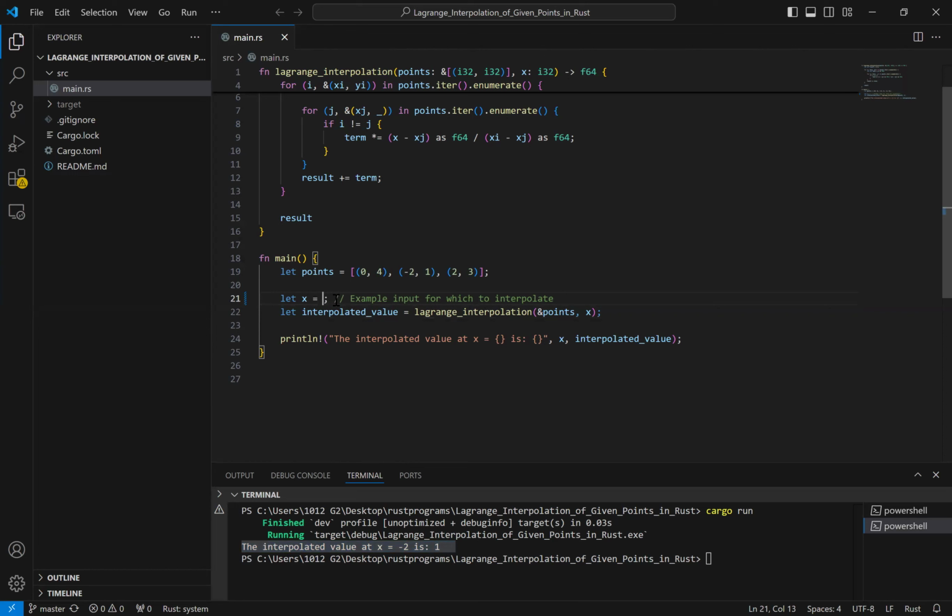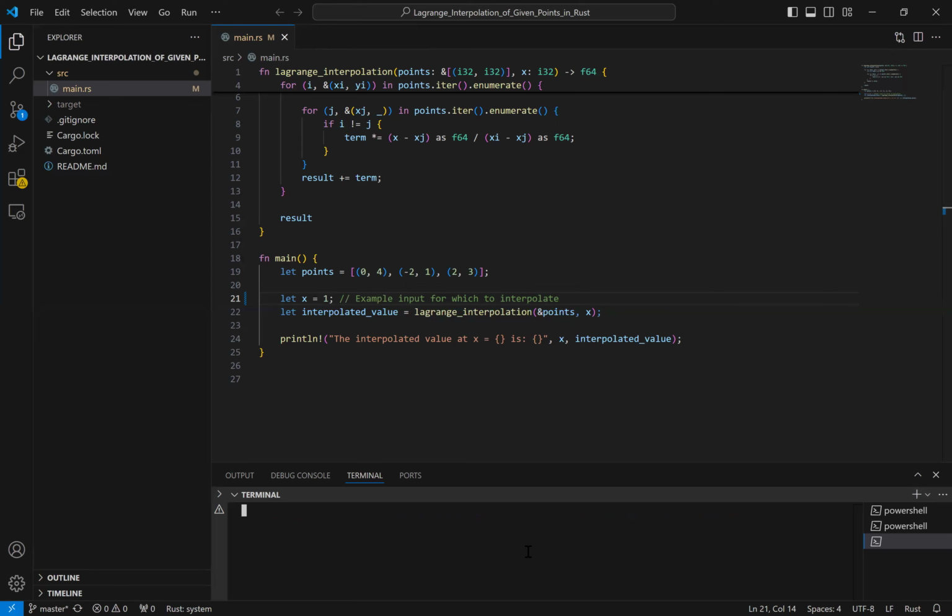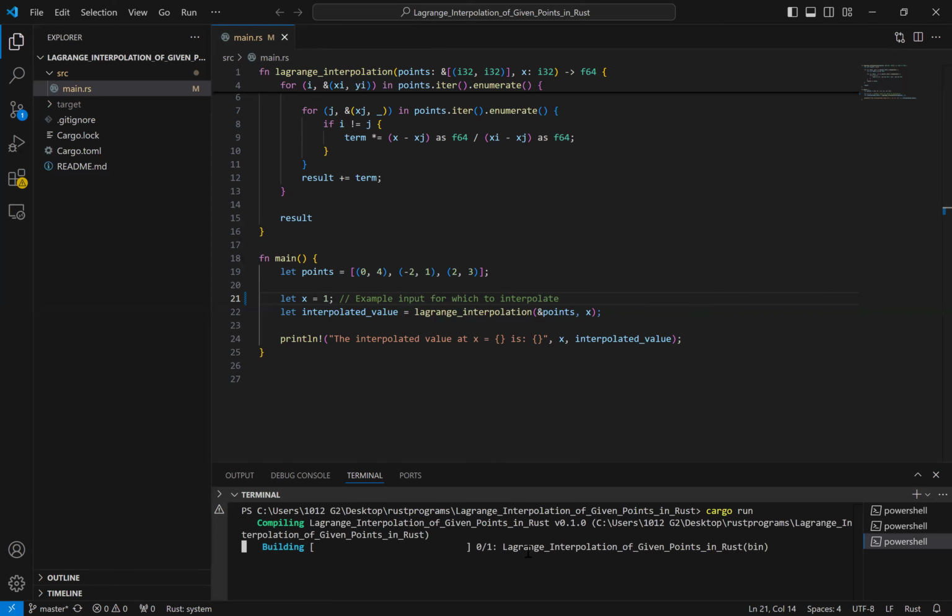Because it's a polynomial, you've drawn a polynomial and you just want to know what the value of y will be. In fact, you can begin with the x values, ask it for the values of y's, and then you join them to draw the polynomial. So I've asked it now for the value of y when x is 1.